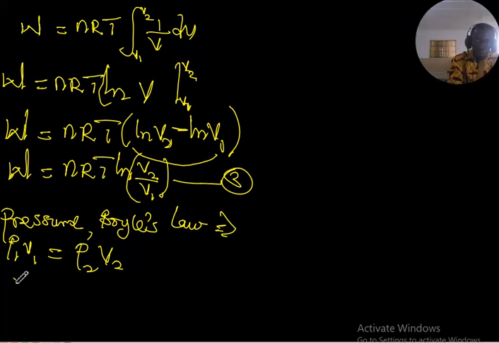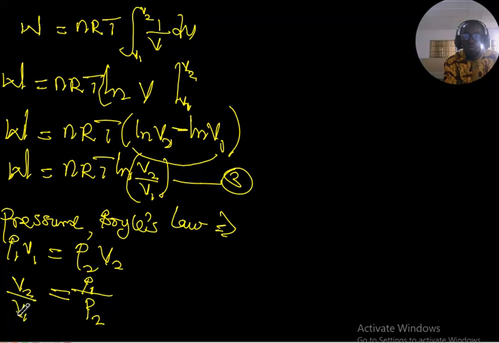So what should I place at the numerator and what at the denominator? For the numerator, for me to get P1 and V1 back, I need to place P1 here, so that when I cross multiply, that will give that. For the denominator, I need to place P2 here. When I cross multiply, that will give P2 V2. So that means V2 over V1 in the previous equation 3 could also be replaced by P1 over P2.